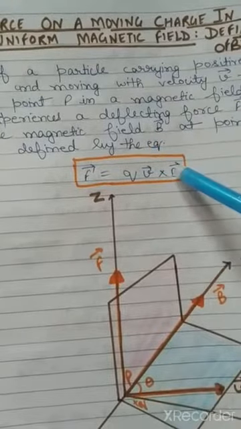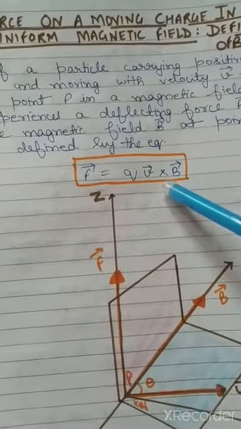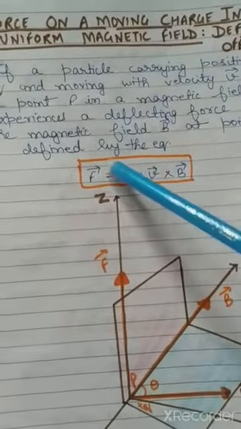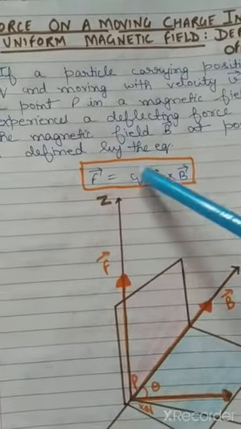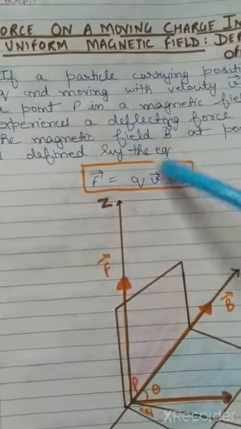V and B both are vectors, and the cross product of them gives us the third vector, that is F. So F will be perpendicular to the plane of V and B.